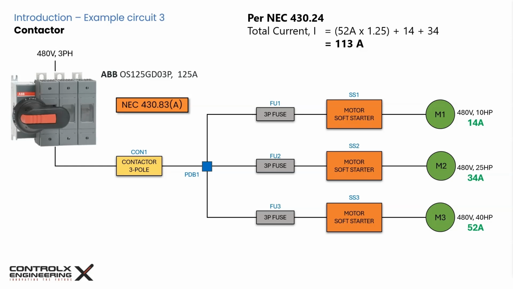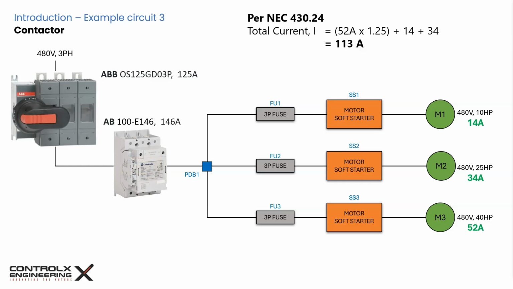And finally, the contactor's current rating must be sufficient to handle the full load current, or FLC. In our case, the contactor must be able to handle the 113 amps that we calculated earlier. Based on this, I have selected this part number from Allen Bradley, which has an operating current rating of 146 amps for 480 volt operation.